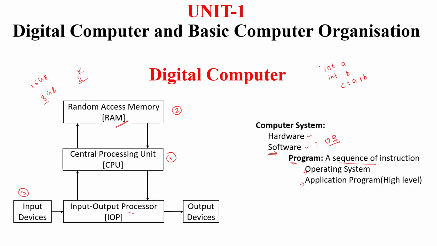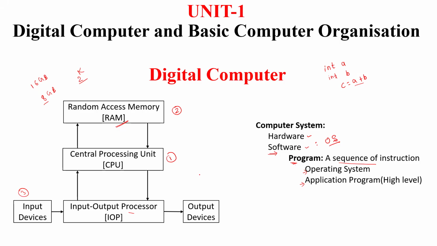This is application specific. We want to perform arithmetic addition, so we write the program in this way. The sum of a plus b is stored here in c. But the OS is compulsory to run the hardware.